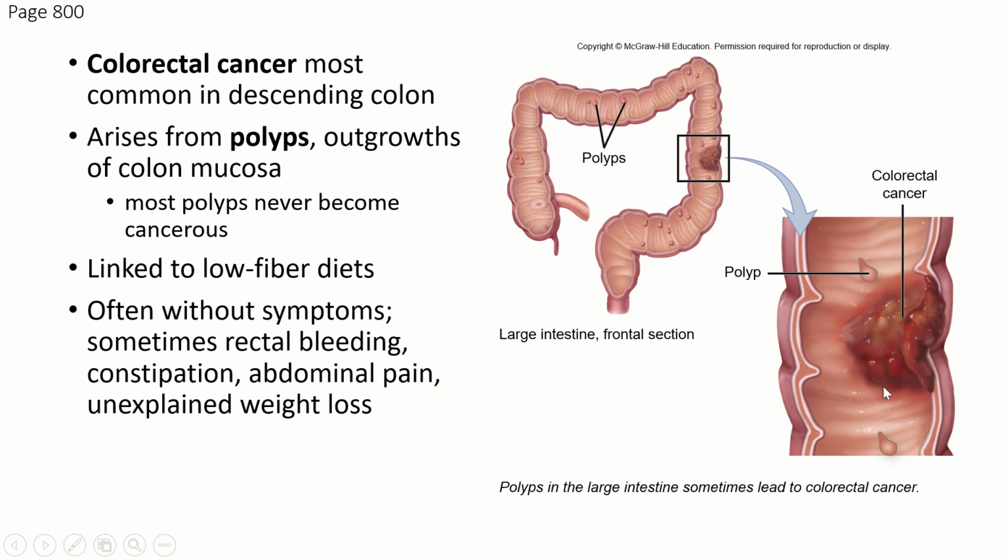And the reason they recommend that is because so often colon cancer doesn't have any symptoms until it is very, very advanced. The symptoms, when they do occur: rectal bleeding, severe constipation, abdominal pain, and sometimes unexplained weight loss.